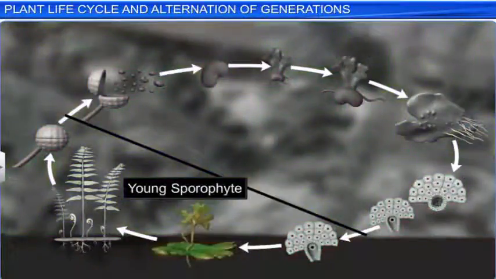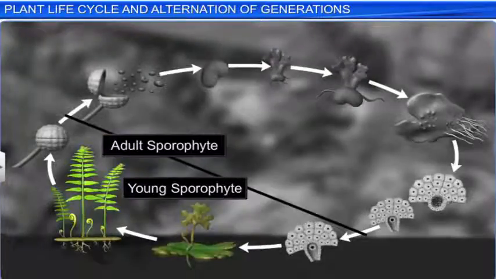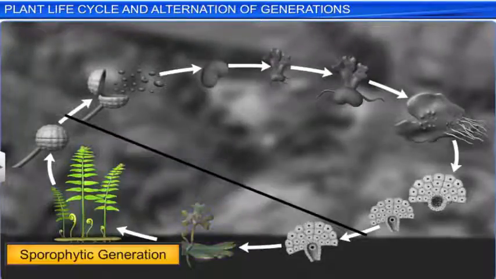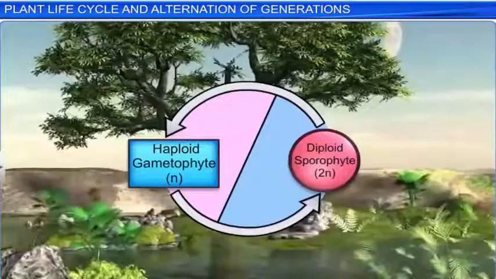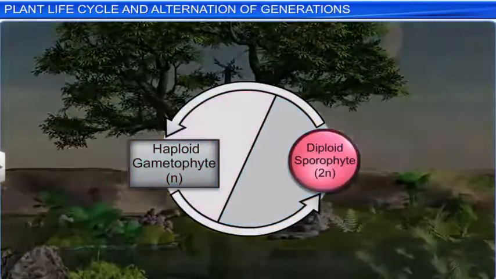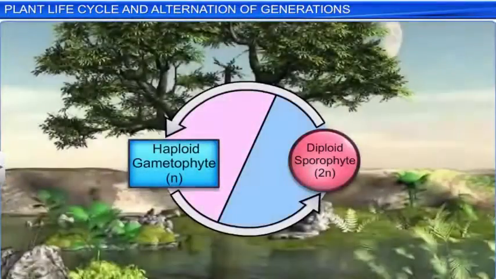The young sporophyte soon matures into an adult sporophyte, completing the life cycle. The plant body thus alternates between a sporophytic generation and a gametophytic generation. However, in different plant groups, either the sporophytic generation or the gametophytic generation is the dominant phase, or, in other words, persists for a longer period.